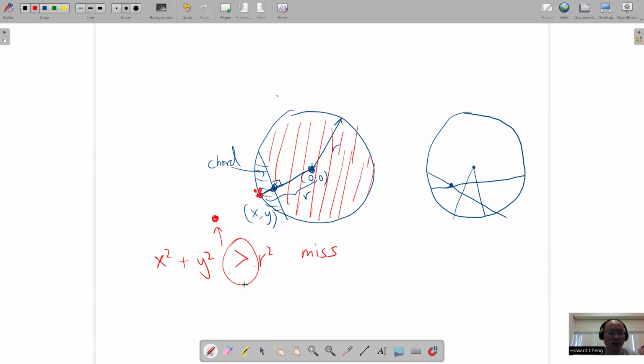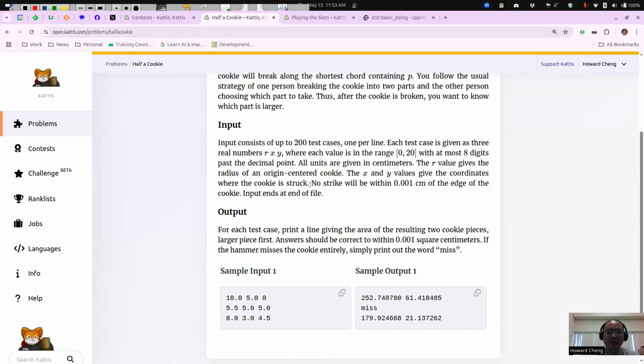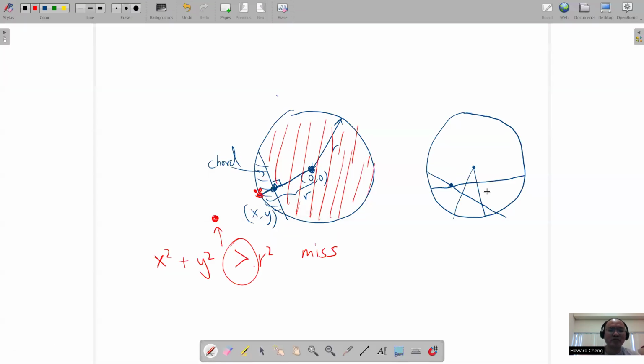The answer is normally, maybe, but they tell you that no strike will be within 0.001 centimeter of the edge of the cookie. So as long as you use something that has more digits of accuracy than 3, you will not be fooled because you will not be that close to the boundary. That's what they say. So as long as you use something like double, you're fine.